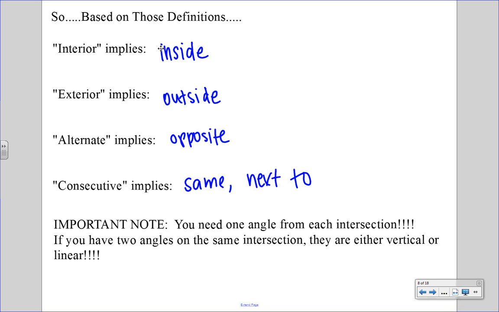You need one angle from each intersection. But if you have 2 angles on the same intersection, they're either vertical, which looks like this in the red, or they are a linear pair, which is going to be in the green, which is side by side. So if two angles are at one intersection, it's going to be either vertical or linear.